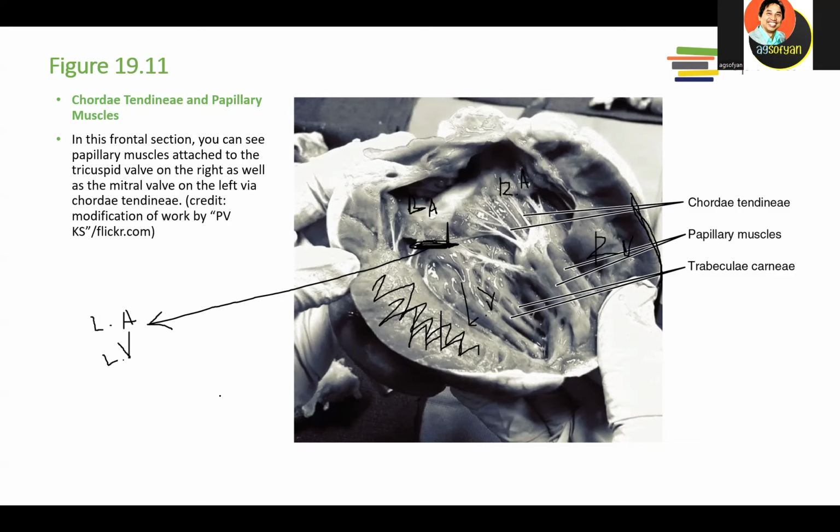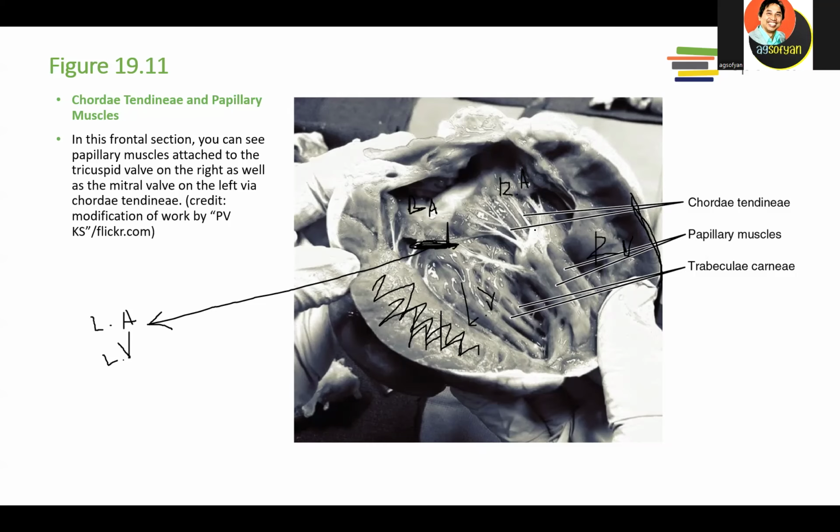The valve is called the bicuspid valve, because it has two cusps. And it is also known as the mitral valve. So this is between left atrium and left ventricle. So this valve over here.